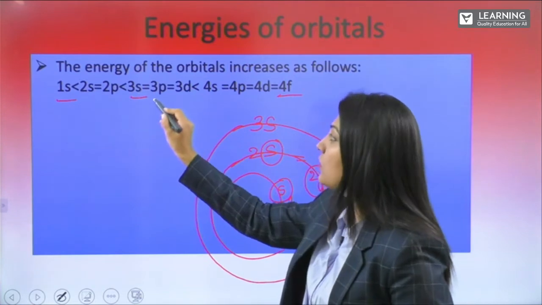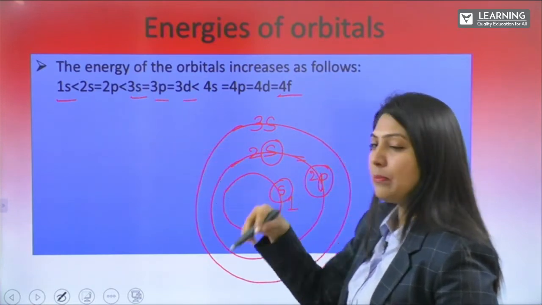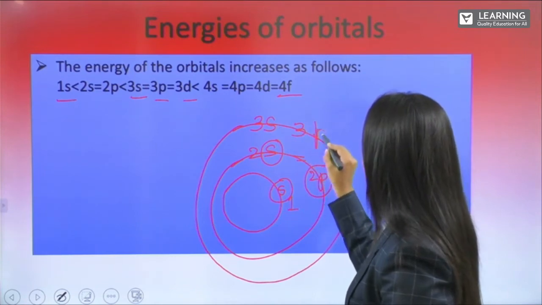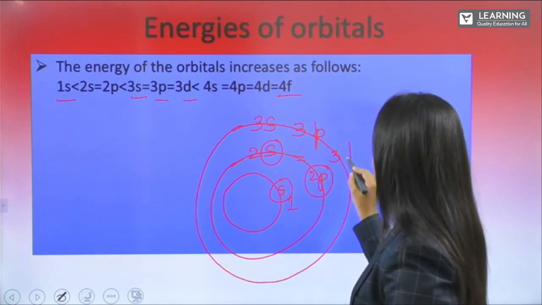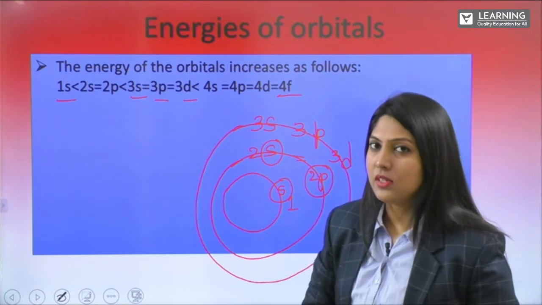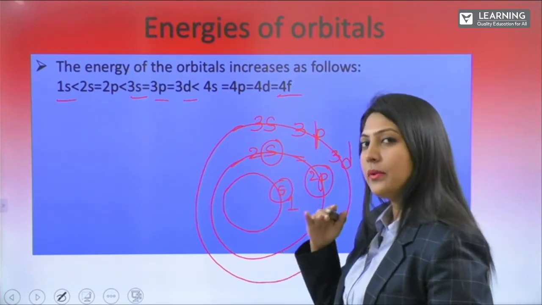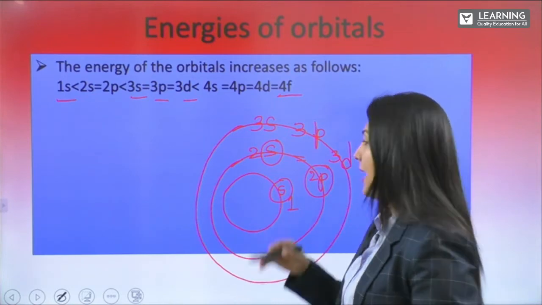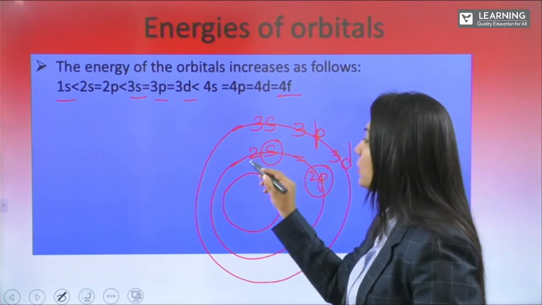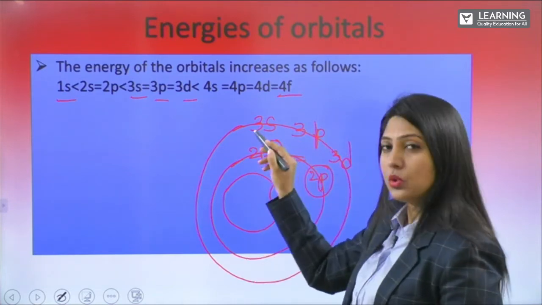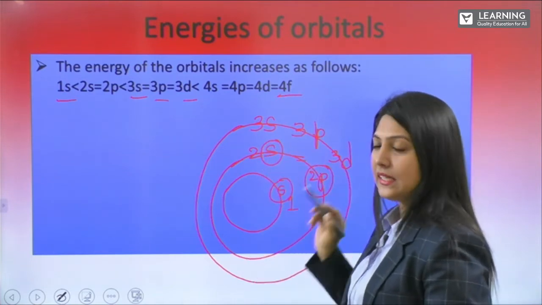And this will be equal to 3p and 3d because they are present in the third orbit itself. Are you getting this point? So the 1s present in the first orbit will be of least energy level, in the second you will have 2s and 2p, and in the third you will have 3s, 3p, 3d.